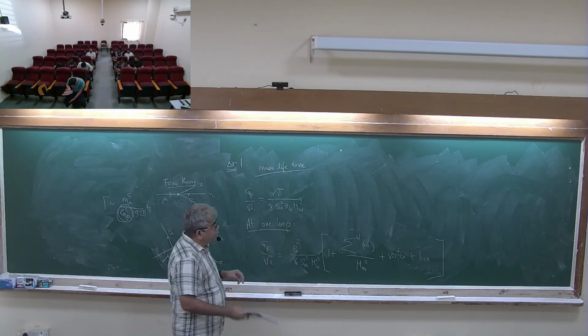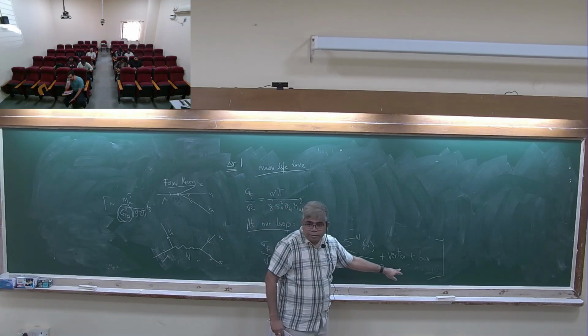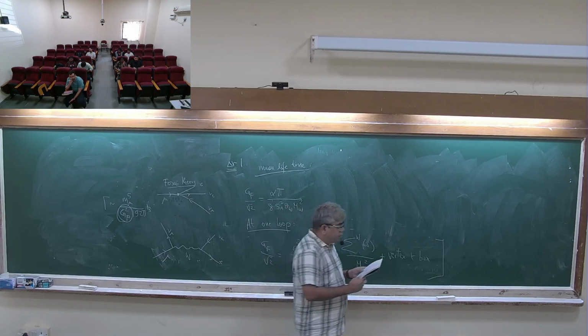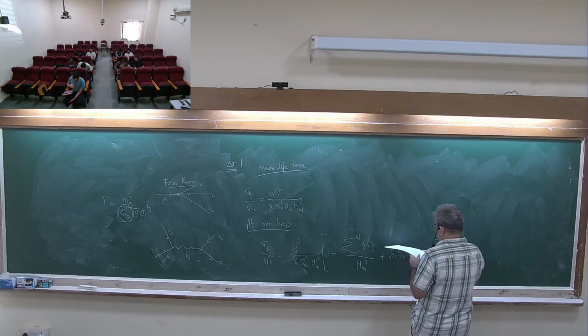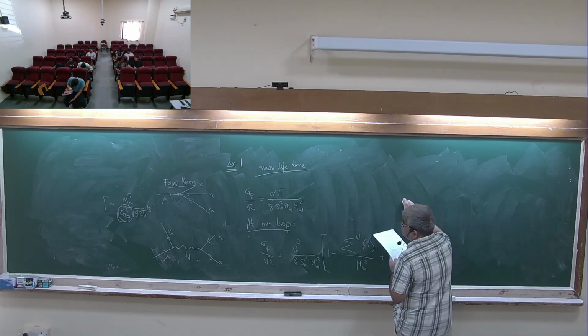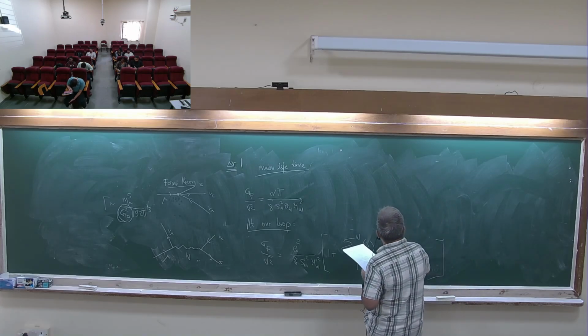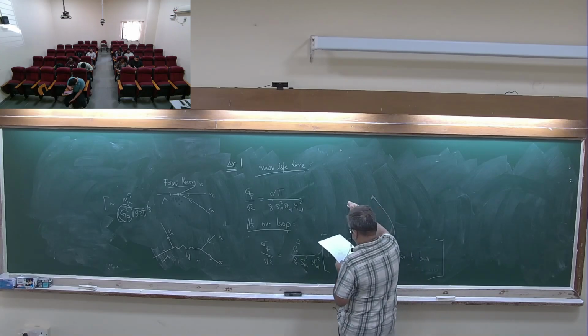So you have corrections at one loop from box diagrams. Box diagrams will be something like this. Then vertex diagrams, so you have vertex corrections, plotted here.